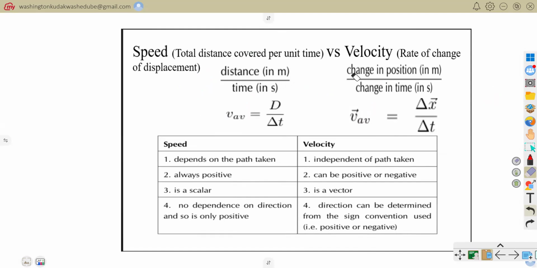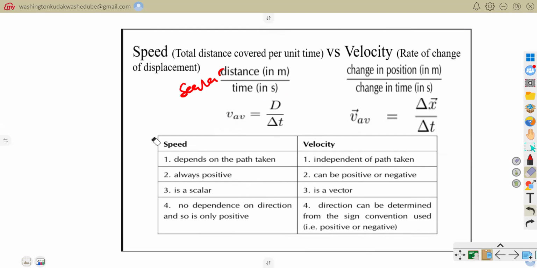You would see that speed simply describes the total distance covered per unit time, which is to say that speed is also a scalar quantity, because in between distance and time, none of them are actually a what? A vector. So these will result in a scalar quantity. And this is how you calculate your average speed.